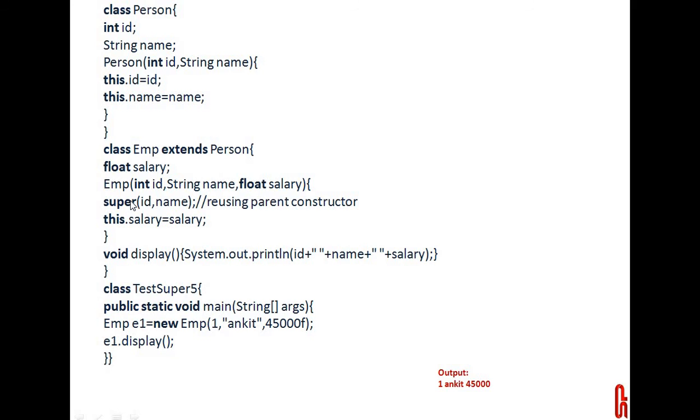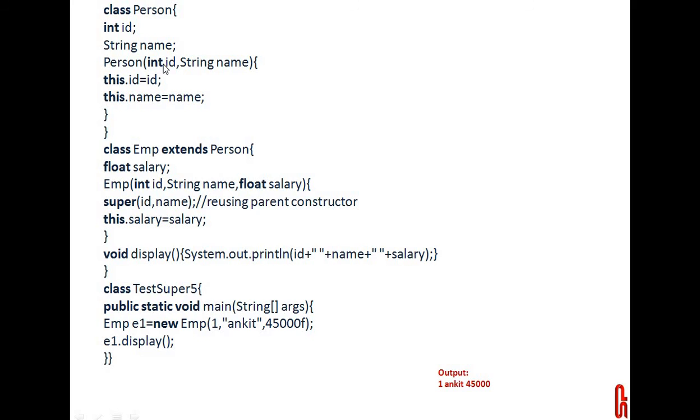Here we are reusing the parent class constructor by using super followed by two parameters, ID and name. So here after executing super(ID, name), this will refer to the constructor of immediate parent class of EMP.